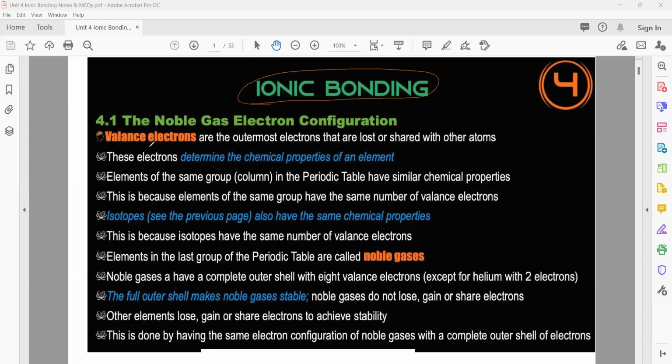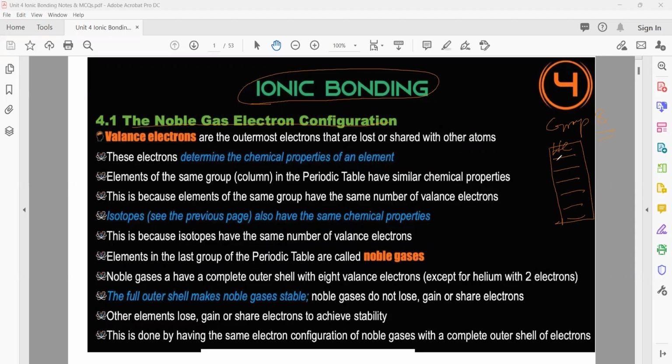Now, first of all, they're talking about the noble gases and electronic configuration. So, what are the noble gases? If you see the periodic table, the last group, or group 8, these gases are known as noble gases.